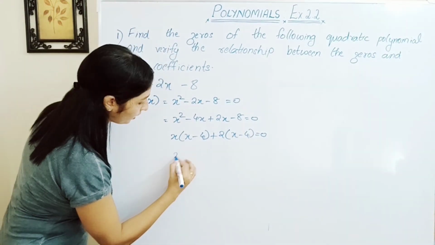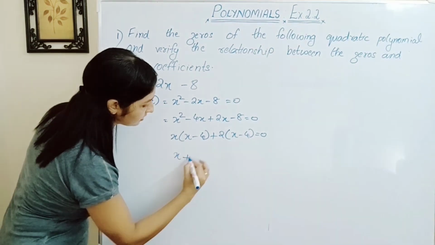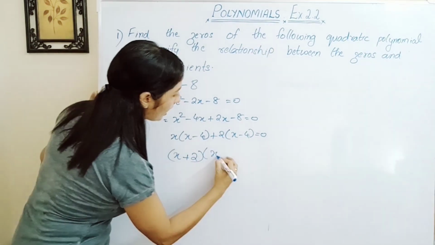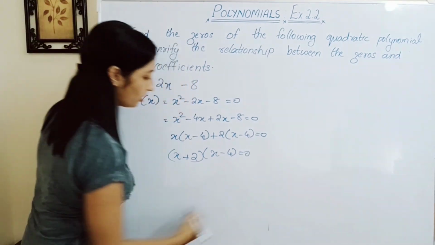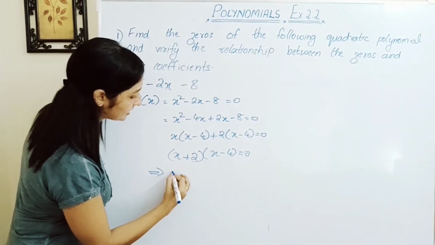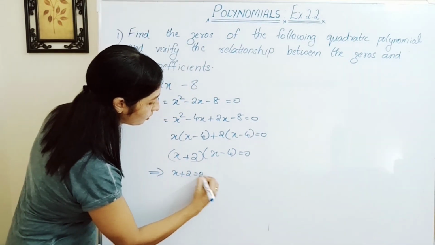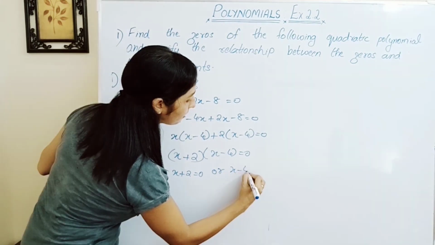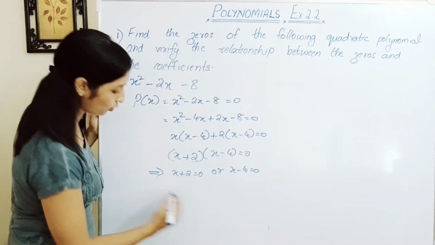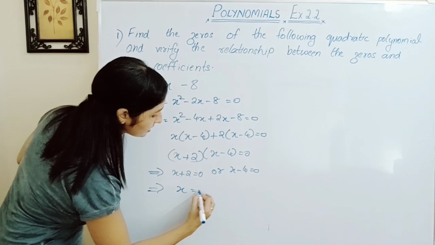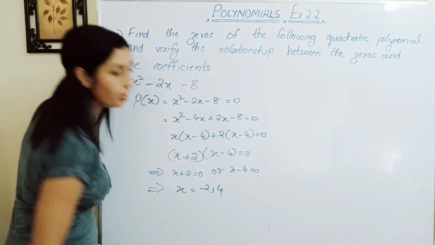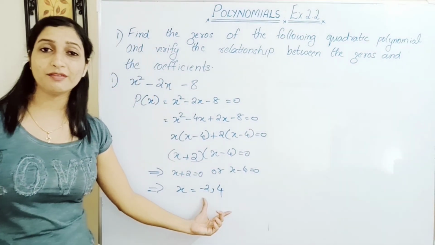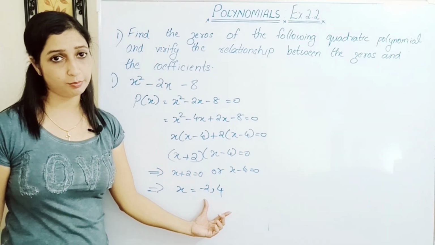Now here I can write it as x plus 2 into x minus 4 is equal to 0, which implies either x plus 2 is equal to 0 or x minus 4 is equal to 0, which implies x is equal to minus 2, 4. So now you have got the zeros of the given polynomial.